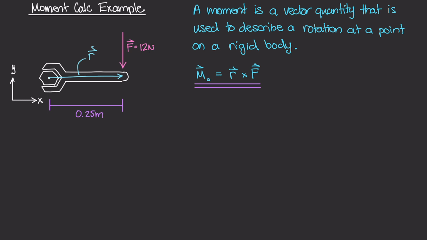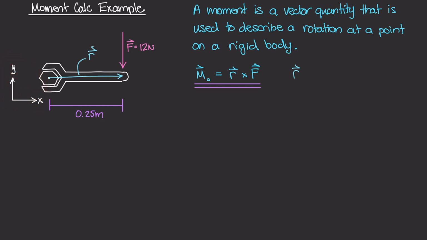What this allows us to do is express r and F in terms of their unit vectors. So for an example, this r vector right here has an x component and a y component. Why? Because we're dealing with a two-dimensional space right here. We have the x-axis and the y-axis.